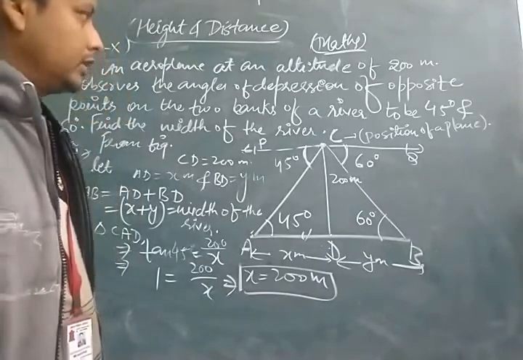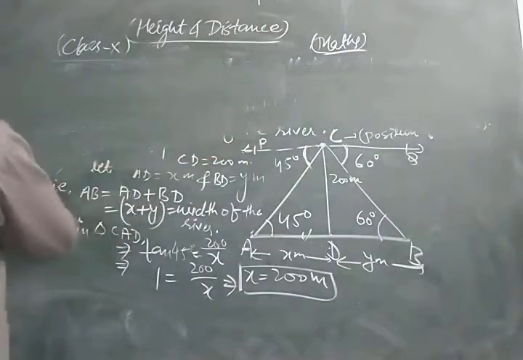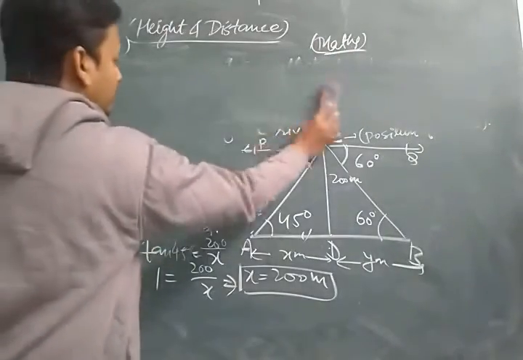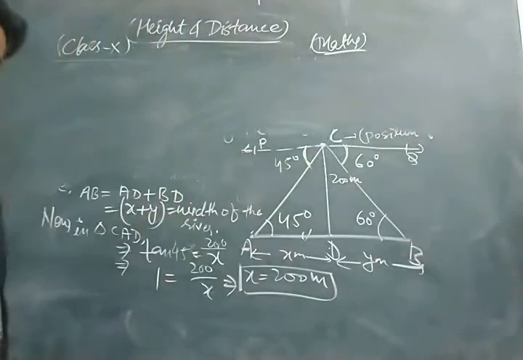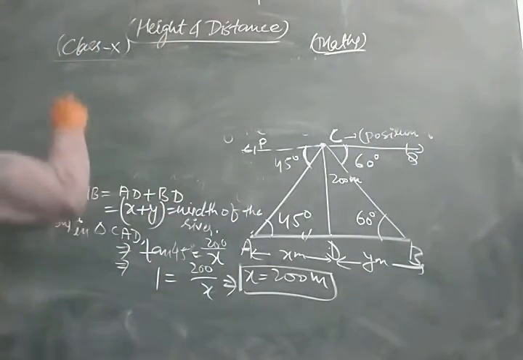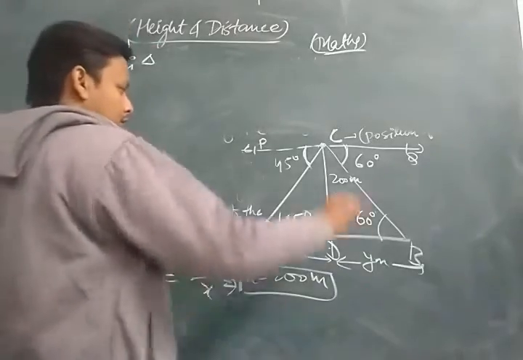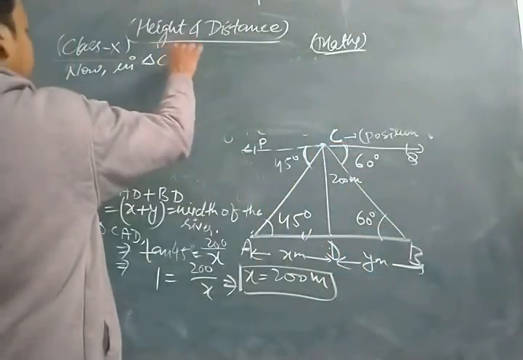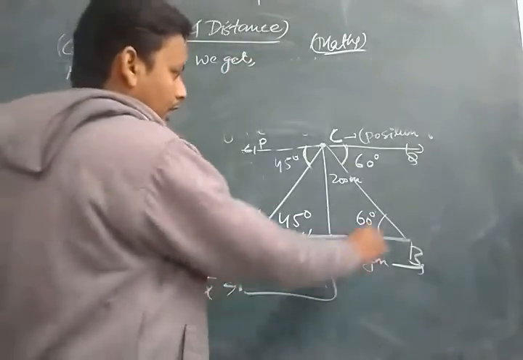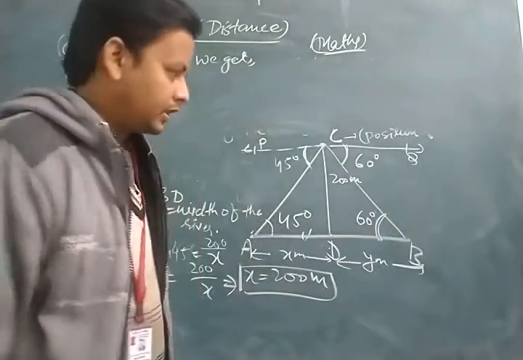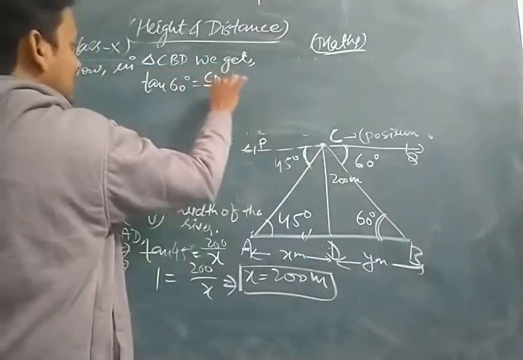Now, similarly, we find the value of y. Now look. In triangle CBD, we get tan 60, perpendicular that is CD, base that is BD.